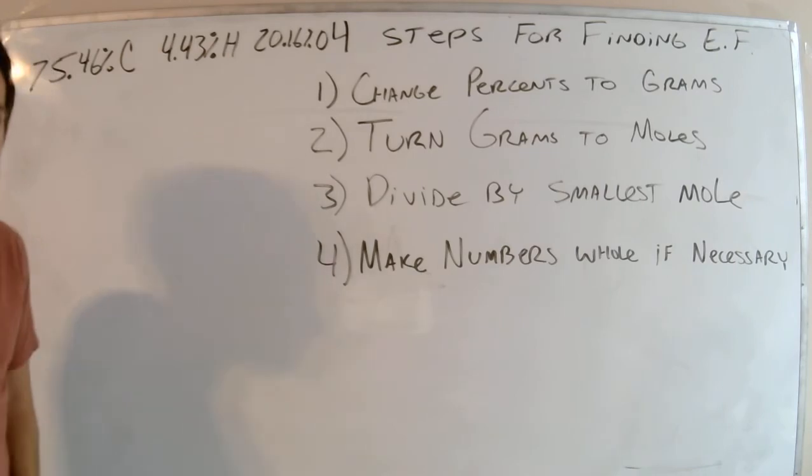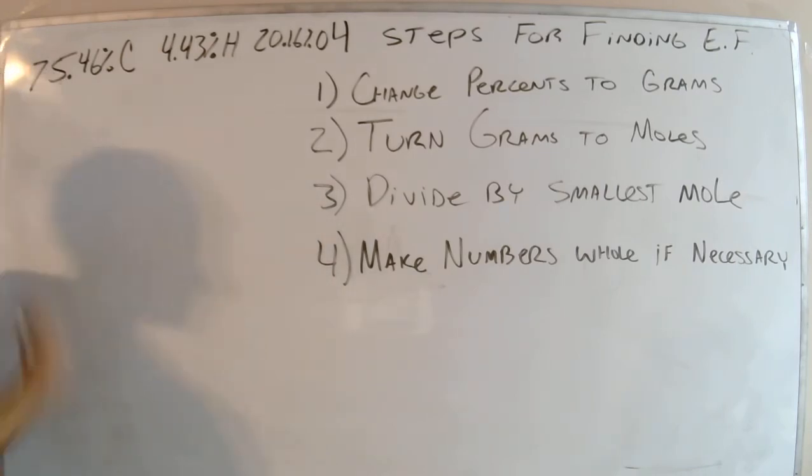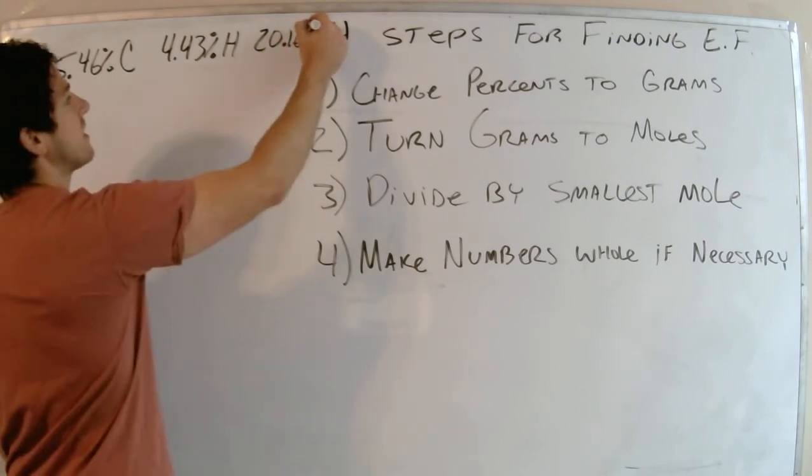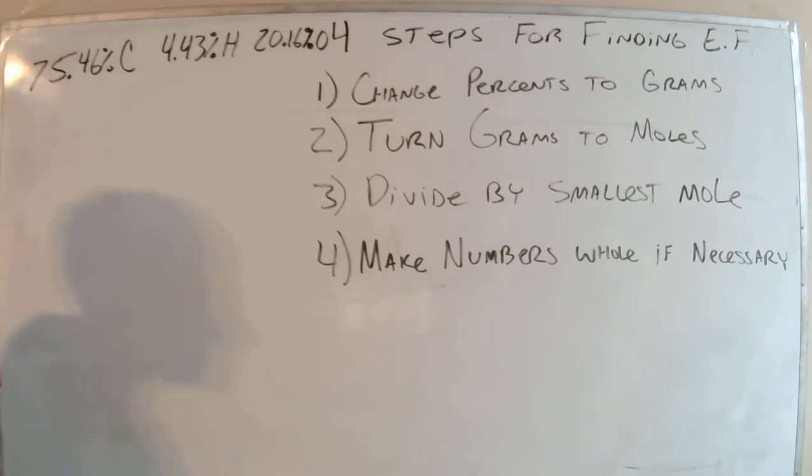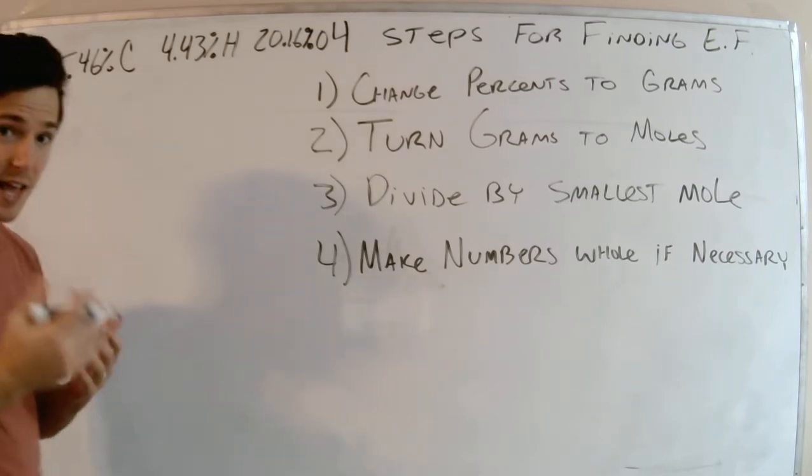I know I ran out of room there, but we have 75.46% carbon, 4.43% hydrogen, and 20.16% oxygen. Okay?